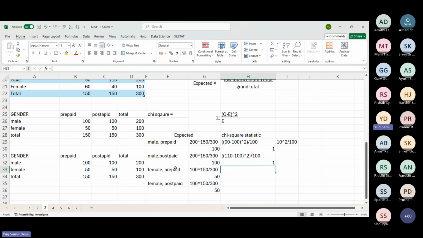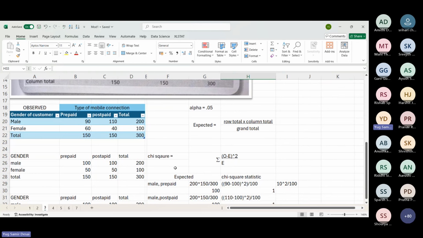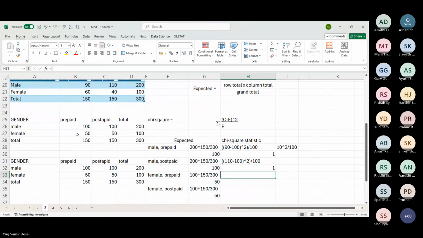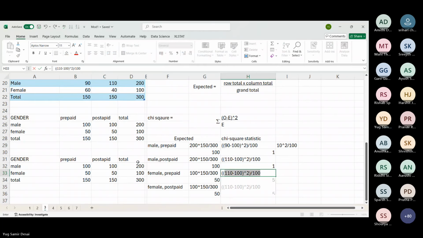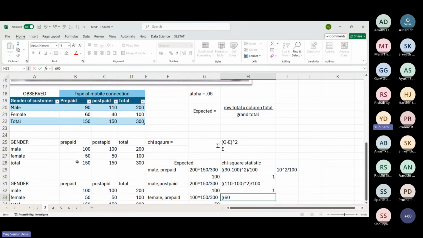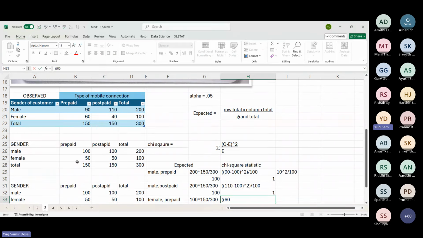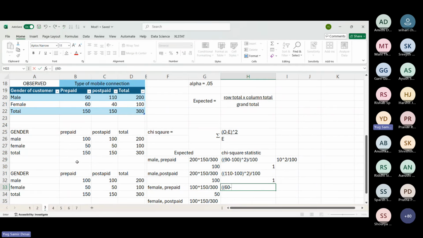Moving on to the females' chi-square test statistic. For females in the prepaid plan, we had observed 60 such customers, whereas our expectations were only 50.